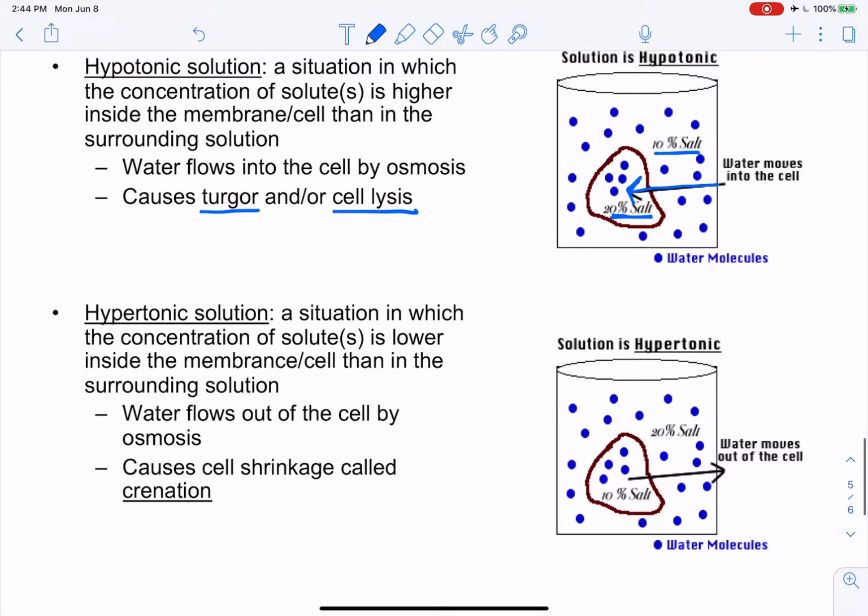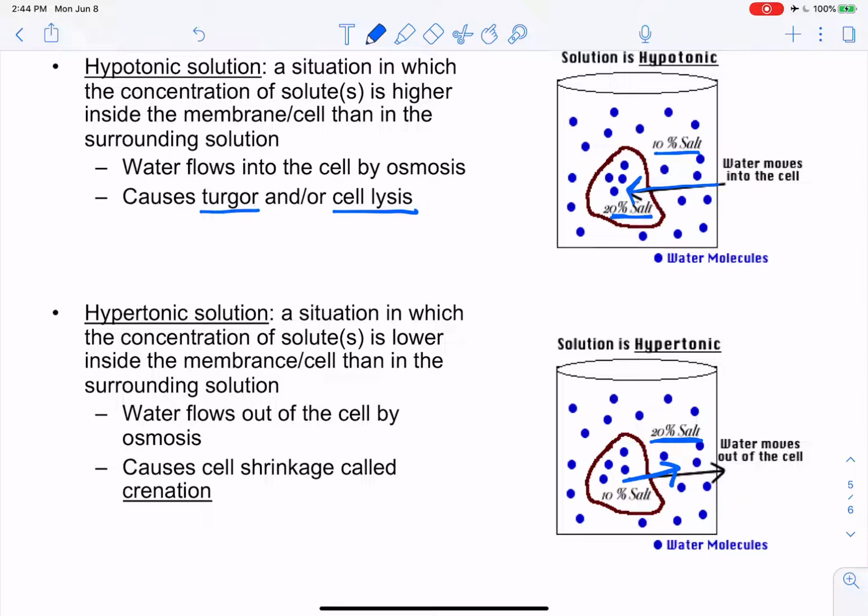Now, down below, we have a hypertonic solution, which means we have a higher salt content on the outside. So we have a higher solute concentration in the solution on the outside of the cell. And so the water on the inside of the cell wants to rush out here and dilute the solution on the outside of the cell.